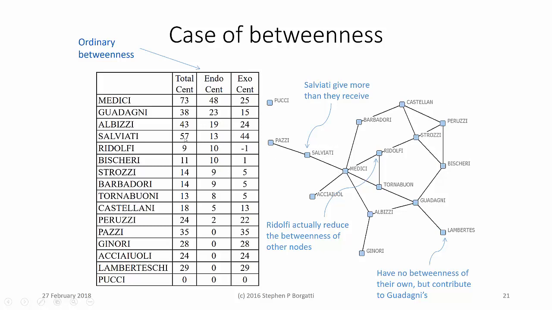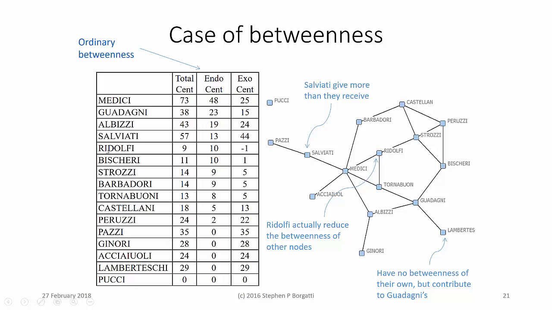They get 13 points. If you take them out, the difference is 57, which means that they are truly contributing a lot to other people's centrality, especially Pazzi's and especially the Medici's, because everybody needs the Medici to reach the Pazzi, thanks to Salviati. But without Salviati, it doesn't happen.